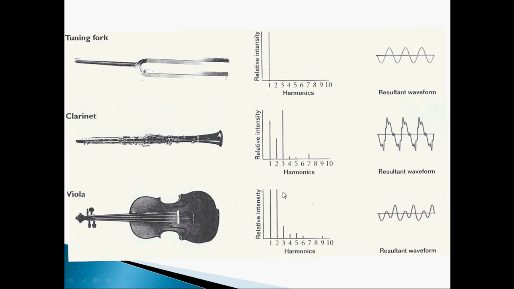Now with a viola, if we look at all the different harmonics being played, fundamental frequency and second harmonic, both with approximately the same intensity. So we're hearing both the fundamental and the second harmonic the same amount. And then little bits of third, fourth, fifth, sixth, ninth, etc. And so that combination of harmonics gives this instrument its unique timbre. It's what makes it sound like a viola.